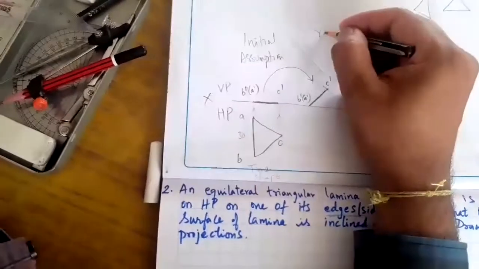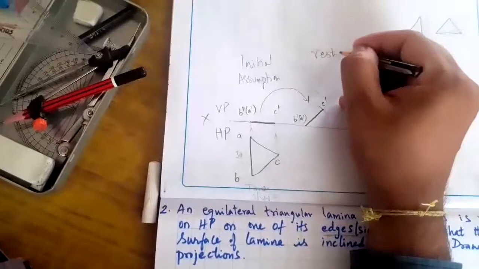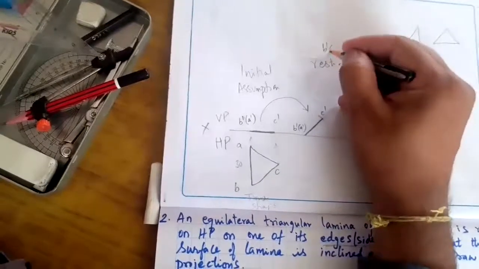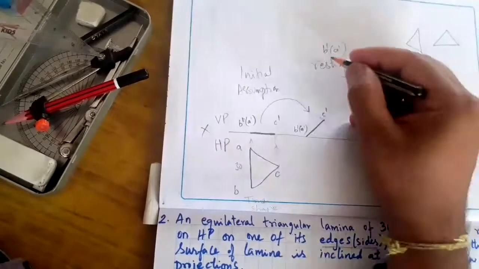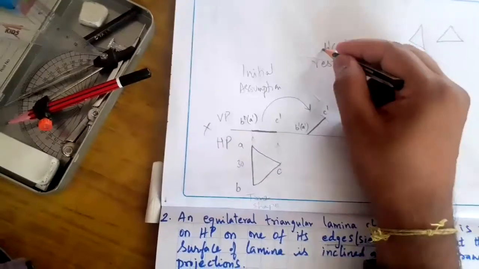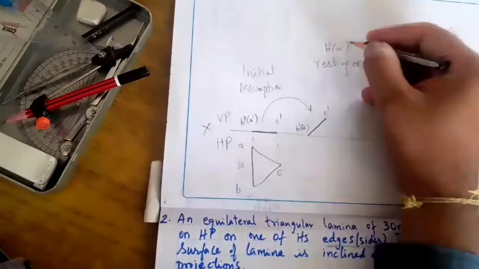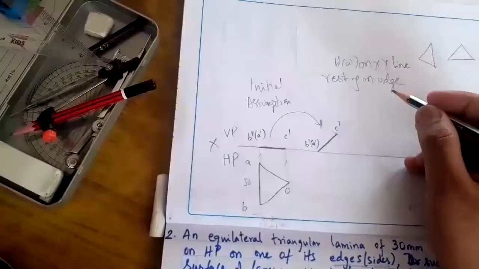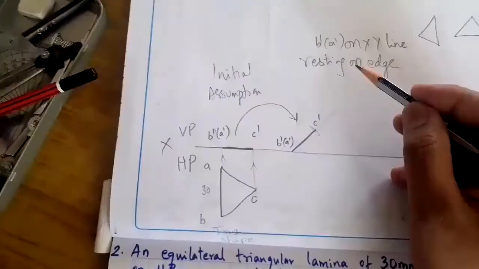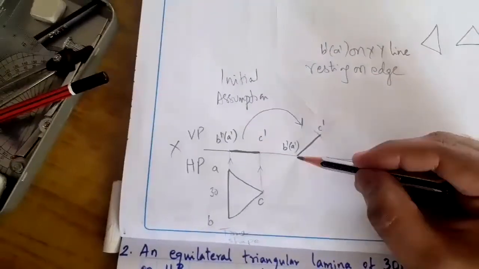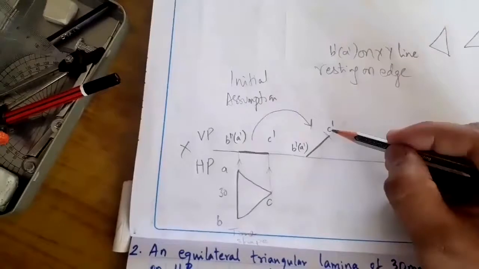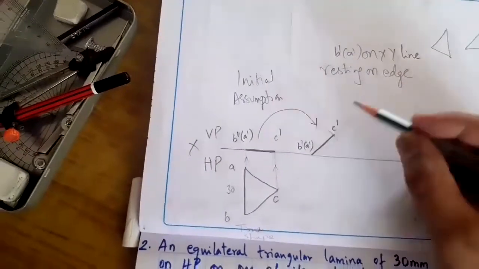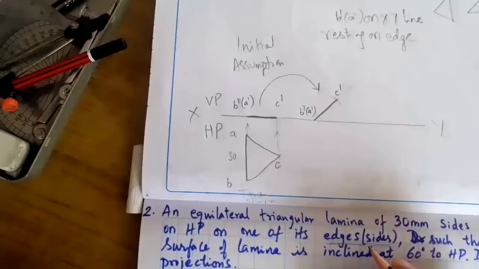Resting on an edge. B dash of A dash on the XY line means that it is resting on an edge. If C dash was here, then I could say that it is resting on a corner, which is not given in the problem. In some other problem, it may be given.